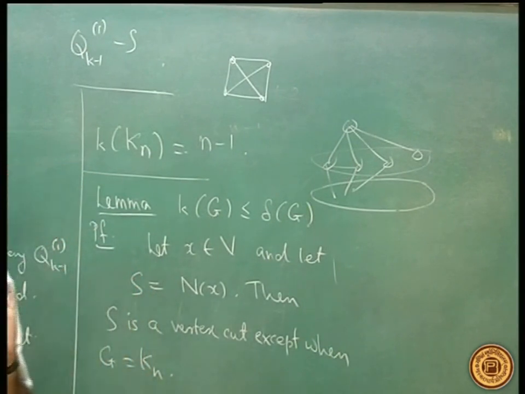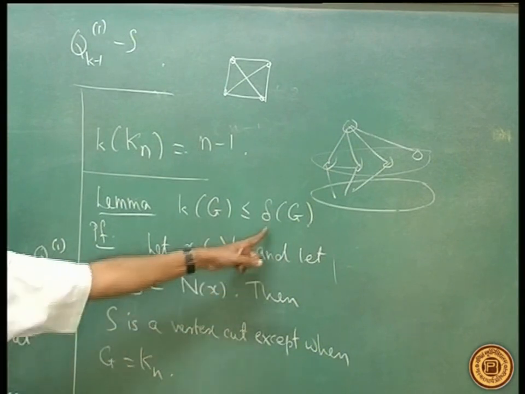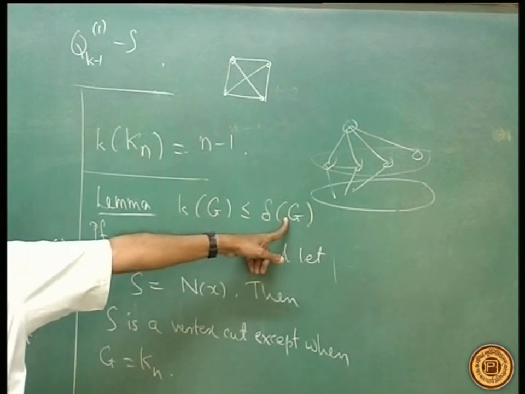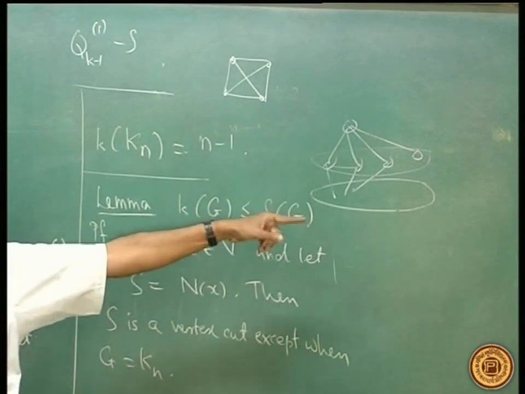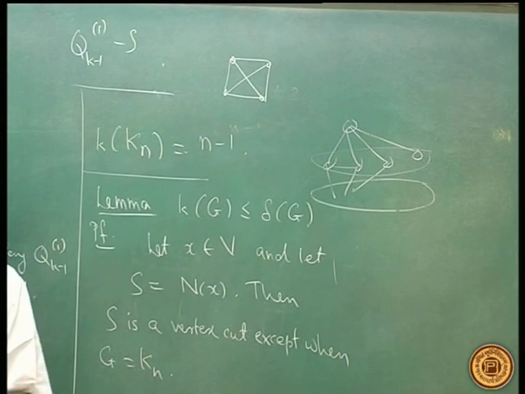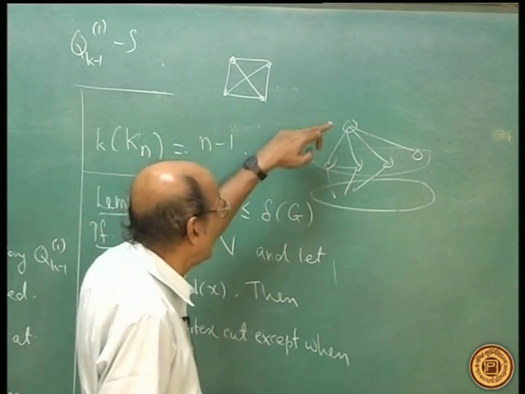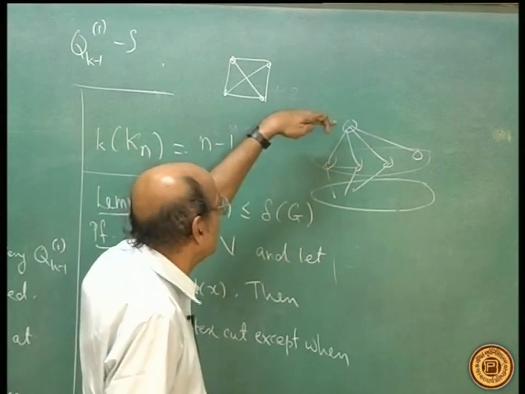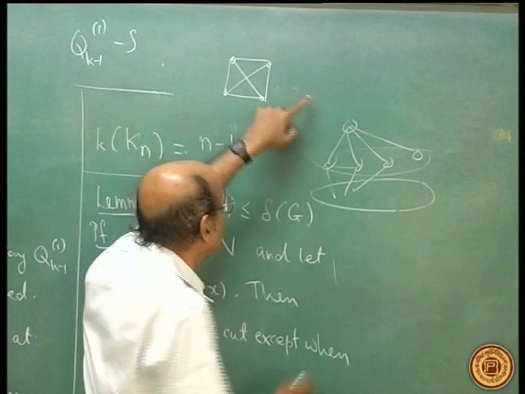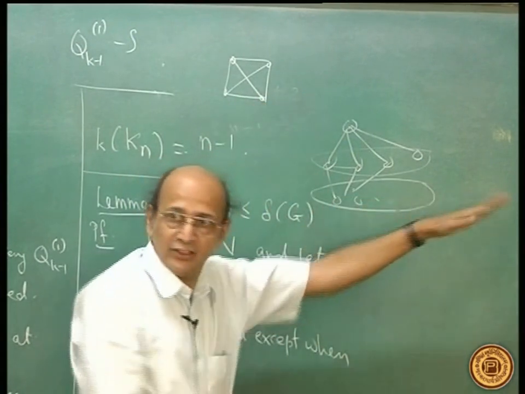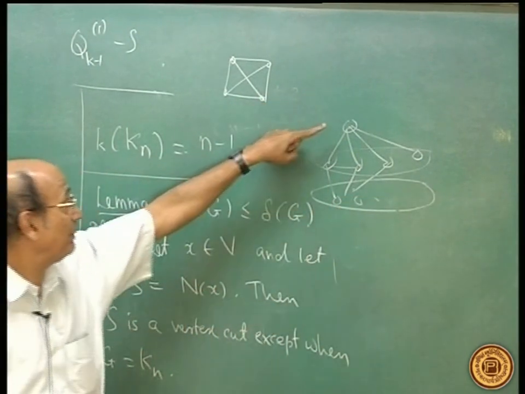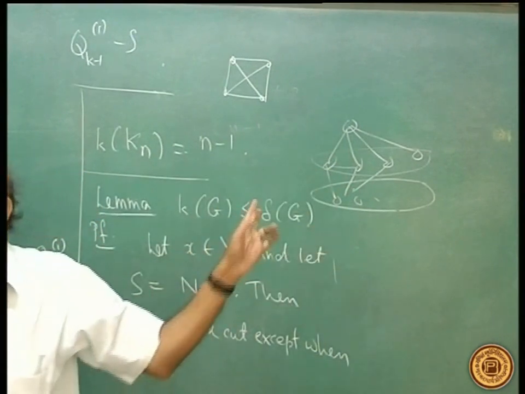So when you have a non-complete graph, equivalently, delta of G will not be equal to n minus 1. Delta of G will be less than n minus 1 because not every two vertices are adjacent. So I can find a vertex which is not adjacent to all the vertices. Just pick up that vertex. So there will be something at this level. Okay. So you will be separating that x from those vertices. So this is a vertex cut.